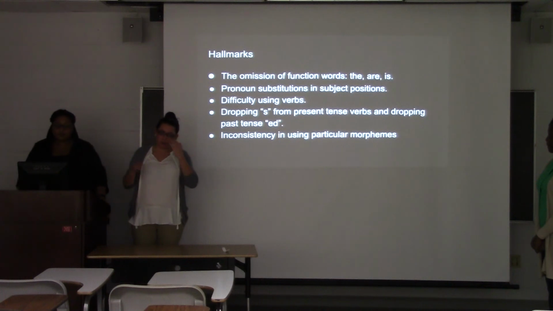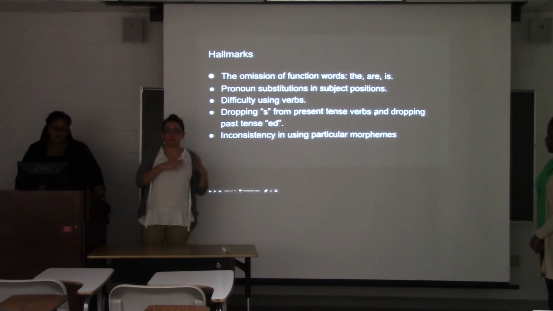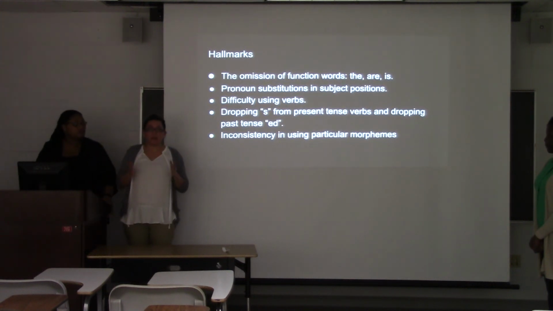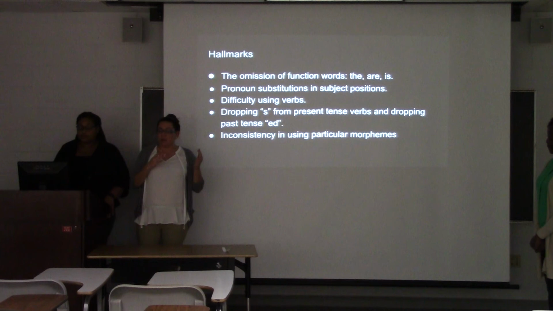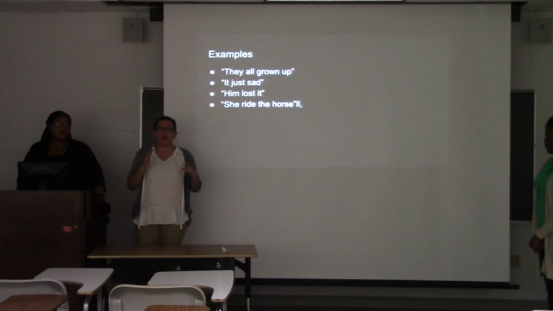It should be noted that when a word's past tense form is irregular, they will add ED onto the present tense word to try to make it past tense. So for example, with the word draw, instead of saying she drew a picture, they'll say she drawed a picture. They understand that it has to be past tense, they just aren't sure of the proper usage of the ED.